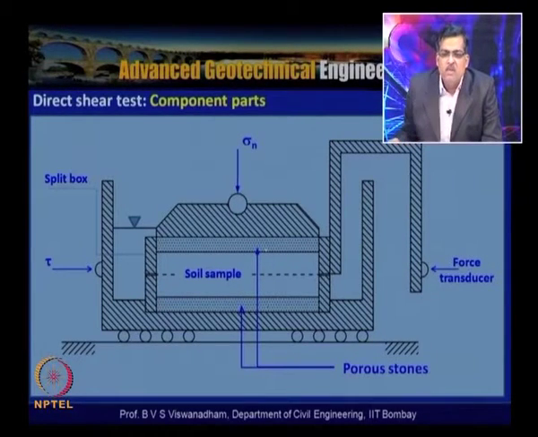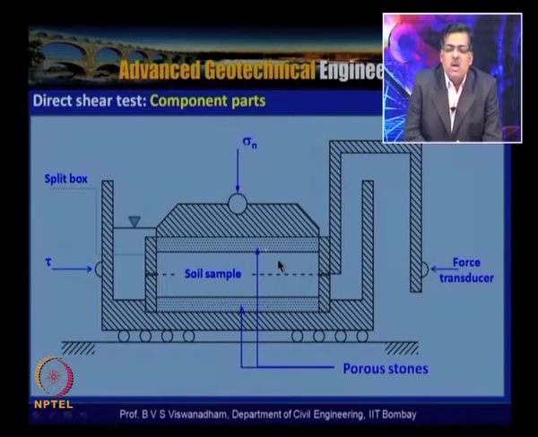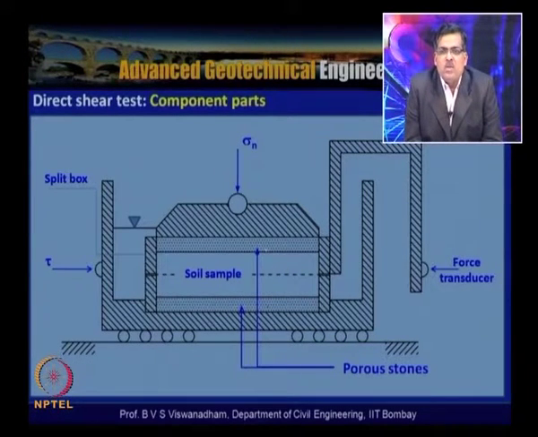So when we apply the shear force in this direction, shear force is generated and the shear displacement is generated. When we test at different normal stresses, we get a set of curves, one for each normal stress.